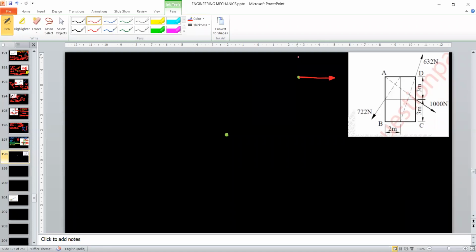This is the X component and this is the Y component. The X component is 632 cos 71.56. The Y component is 632 sine 71.56.